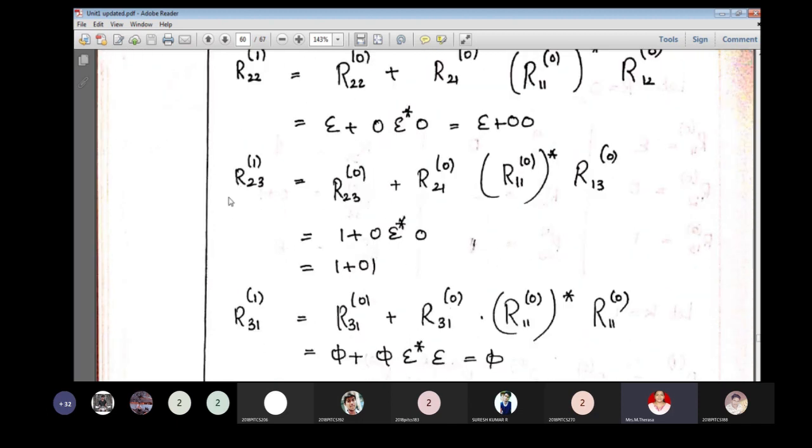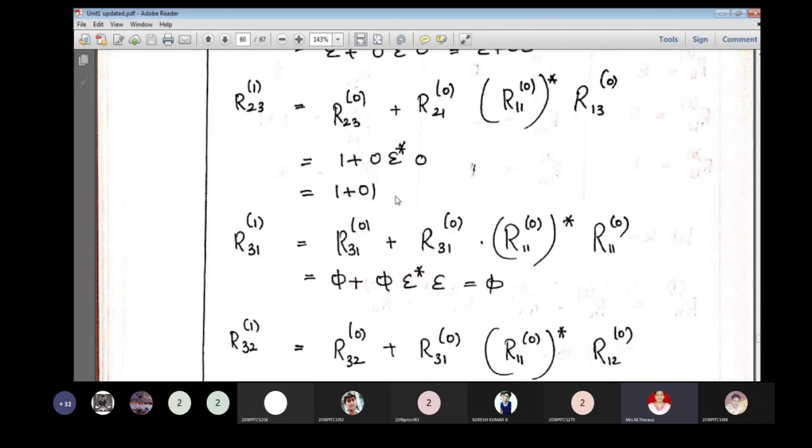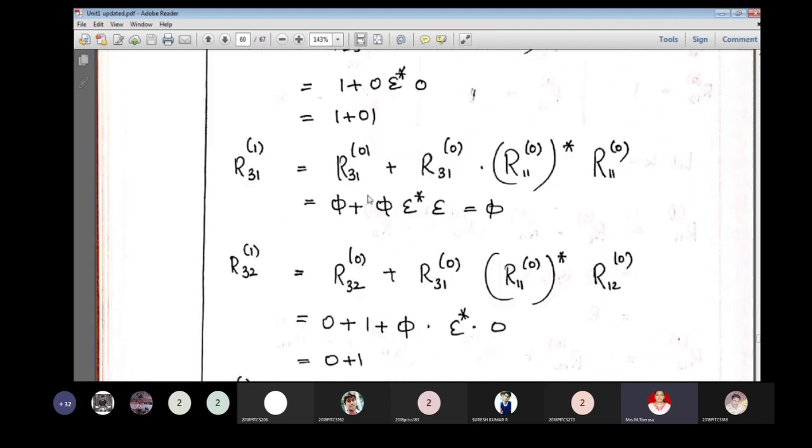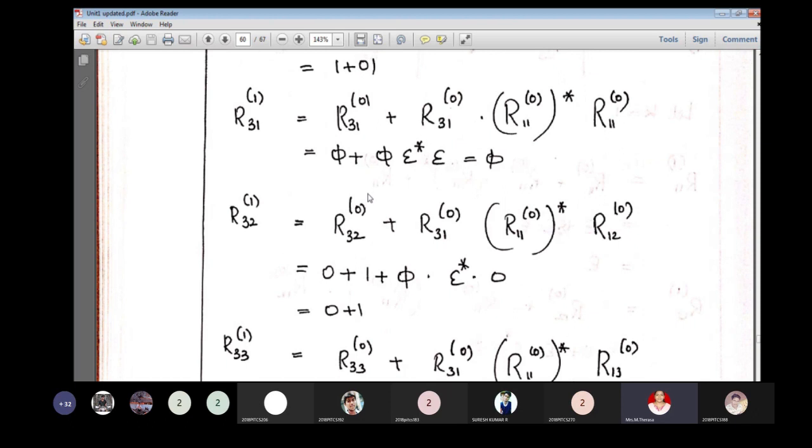Next, R23 power 1, which is equal to R23 power 0 plus R21 power 0 dot R110 the whole star R13 power 0, which is nothing but 1 plus 0 epsilon star 0, which can be written like 1 plus 0, 0.